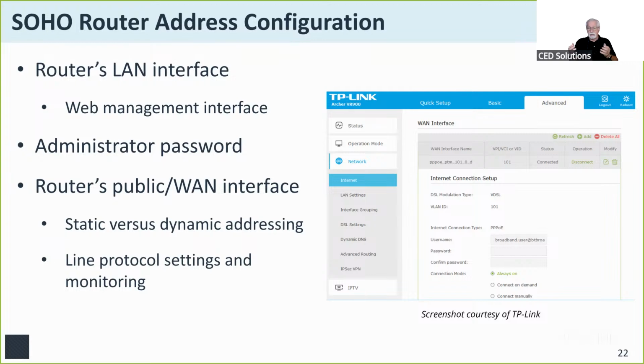Do I want it set up to be a static or a dynamic IP addressing? Okay. So there's a couple of different things that I certainly want to go in and reconfigure on that interface. We'll talk a bit more about some of that stuff later on. Absolutely, you want to go in and change the administrative password. Okay, harden that device.